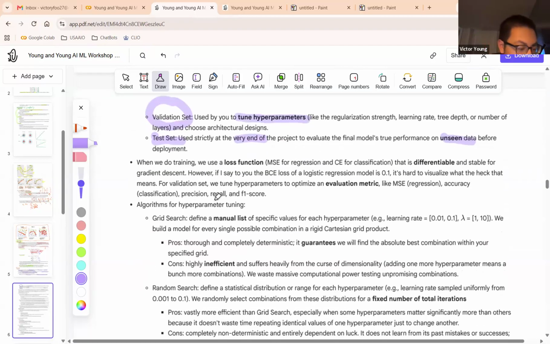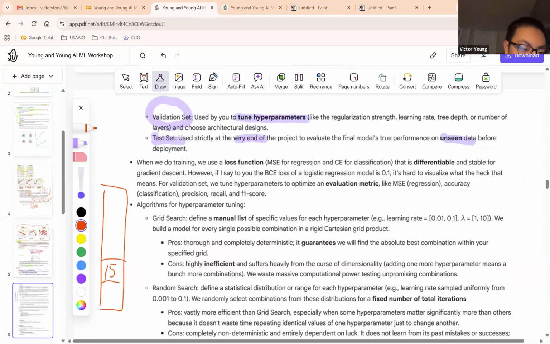So let me write right here what it typically looks like. Typically, let's say this is all of our data. Typically, we have 15% is validation, 15% is test set, and 70% is train set. So that is what we usually do.